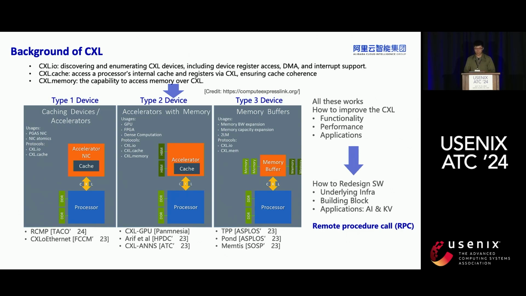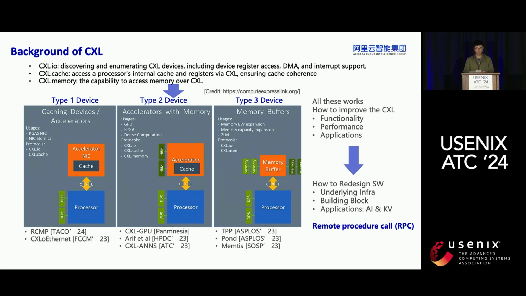For example, combine CXL with RDMA. RCMP enables internal access of CXL memory. With RCMP and RDMA cache coherency protocol, it can scale beyond rack. For Type 3, TPP introduced tiered memory subsystem based on CXL memory and employs an operating system level mechanism for page replacement to enhance memory management.